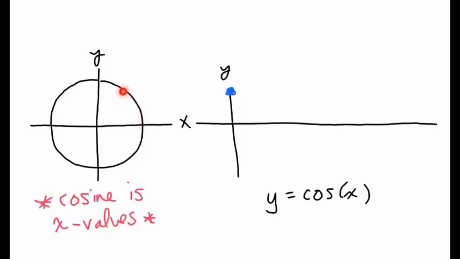Notice as we move along our unit circle towards pi by 2, our x value is actually decreasing from 1 to 0. So we move along and we have a curved line something like this. As we move from pi by 2 to pi, our x value is going to decrease until we eventually get negative 1 as our x value.